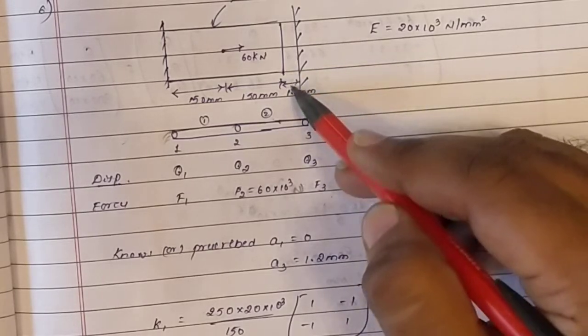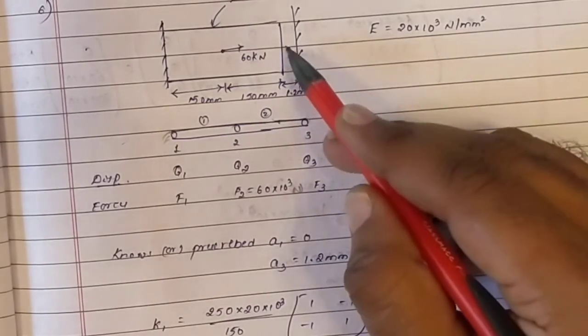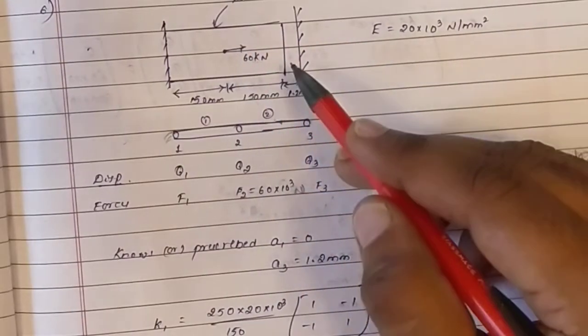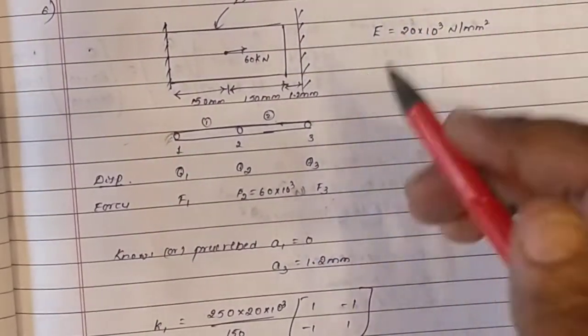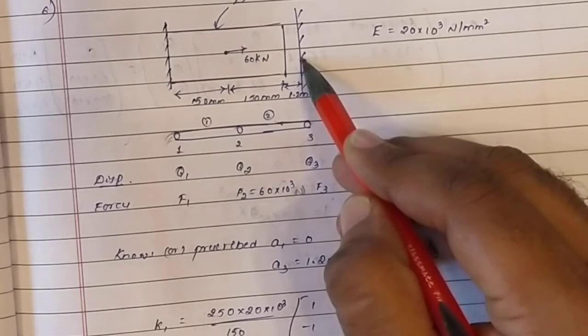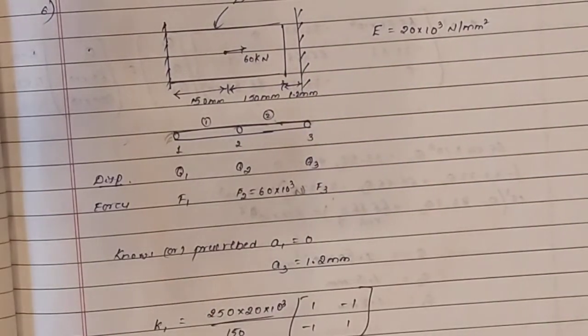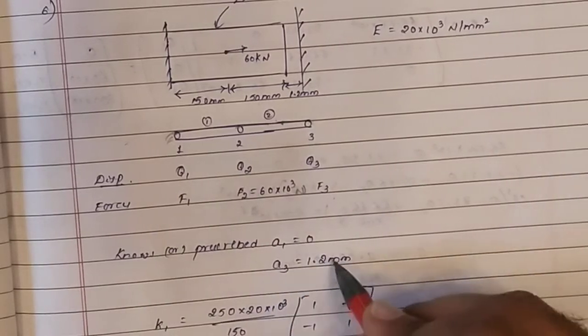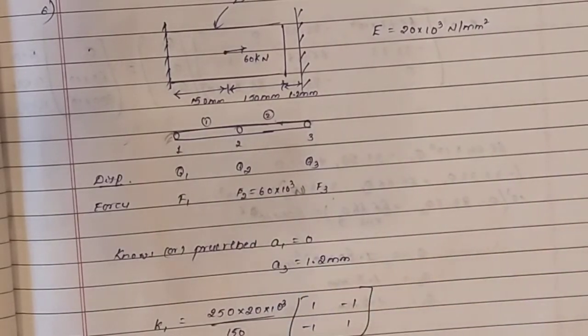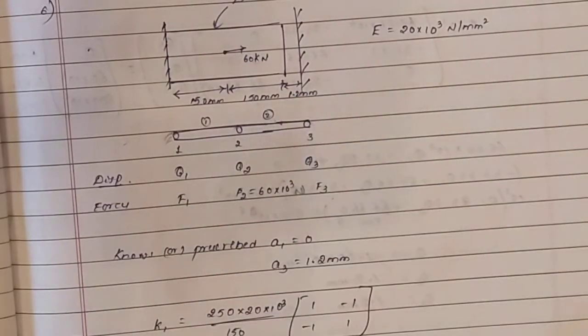It can move a maximum distance of 1.2 mm because of this load. Even if the bar is elongated, it can move only up to this distance, that is, it is fixed here. So the maximum displacement will be 1.2 mm. So A3 will be equals to 1.2 mm. Okay. So this is the only difference in this problem compared to your previous problems.